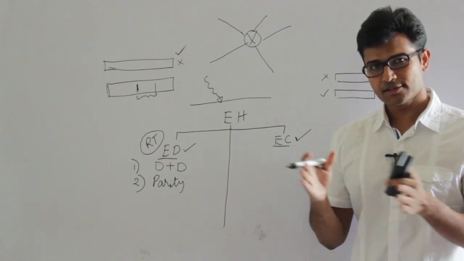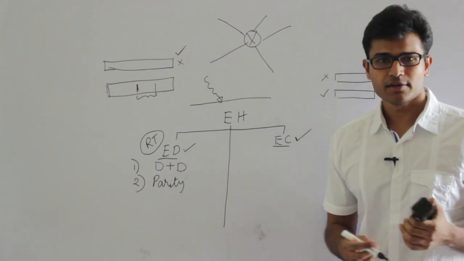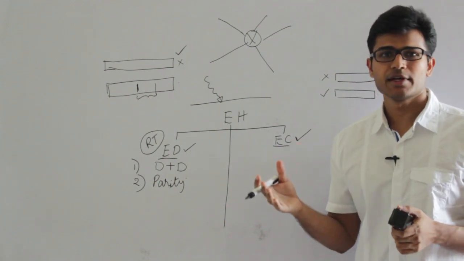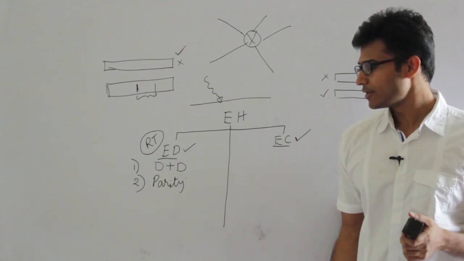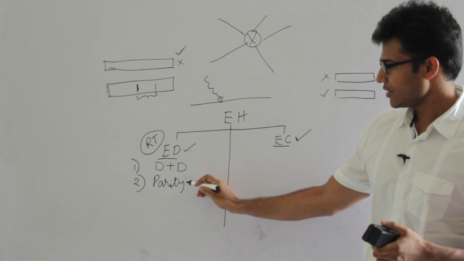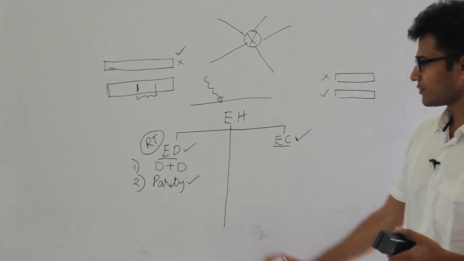Now when you are sending it this way, if there is a change in one of the bits, then the bit count will not agree, because you are trying to make it odd or even, but then it will be a different number. So parity checking is not very powerful, but it has been in practice for a long time, and there are various versions of it.